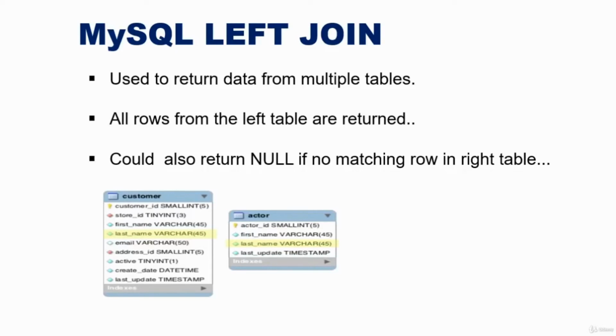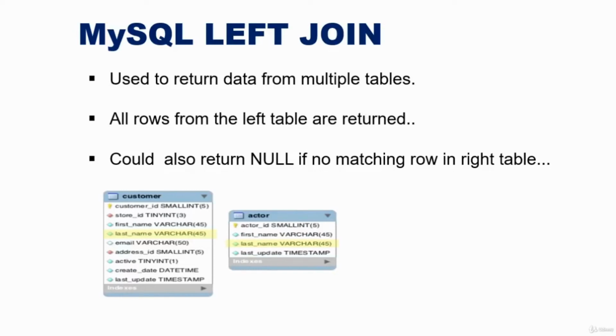The important thing here is that we would like to display all the customers regardless of whether they share their last name with an actor or not. So if a customer doesn't share the same last name as an actor, the customer is still listed.